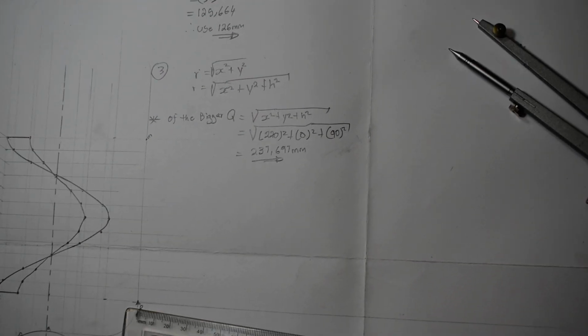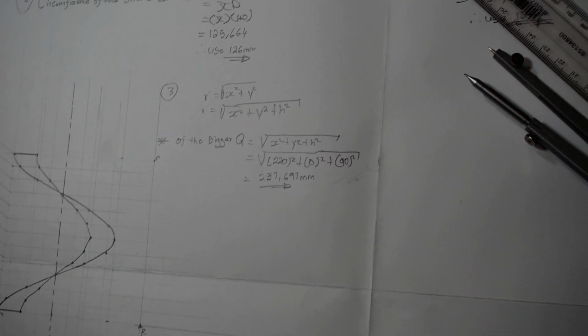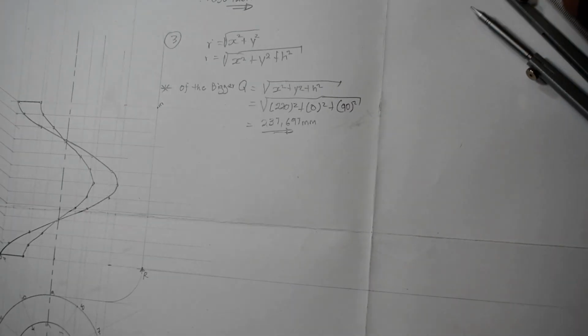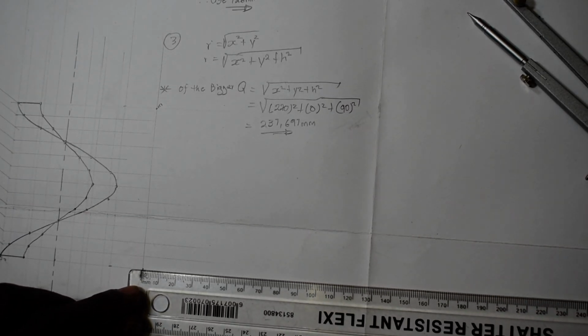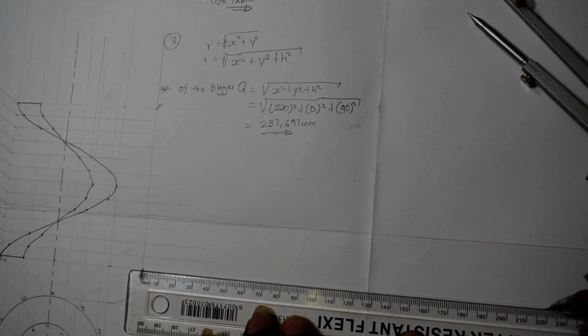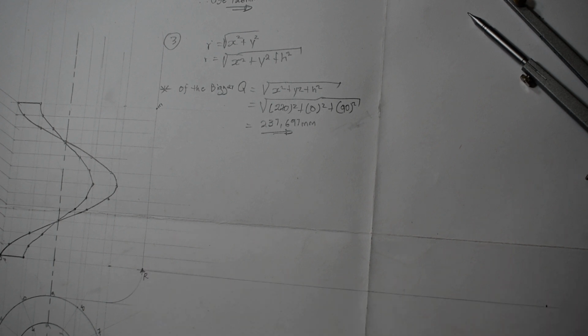This 220 is for the bigger cycle, the answer that we got here of the bigger cycle. So you place it like this. There is my 220, something very long. There is my 220. You understand?